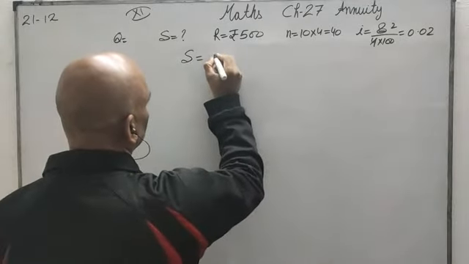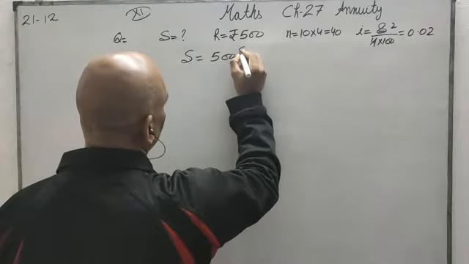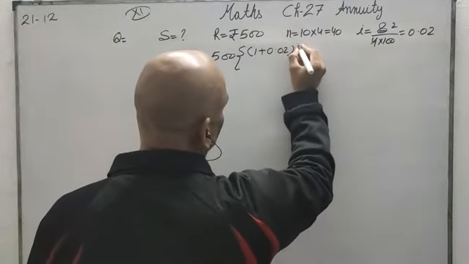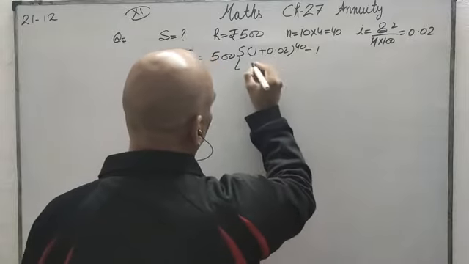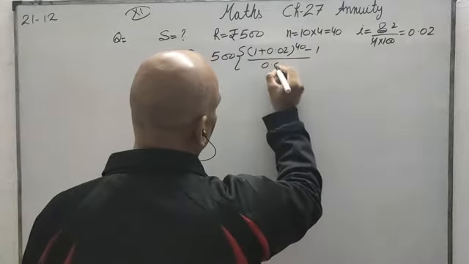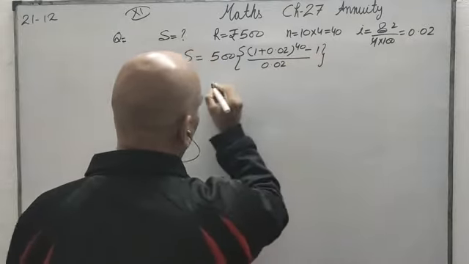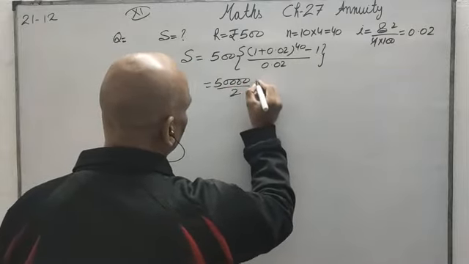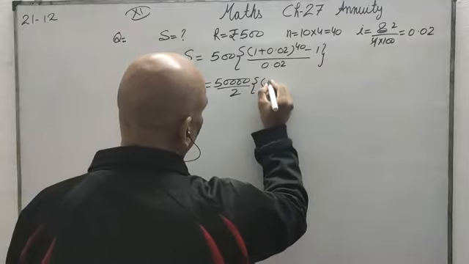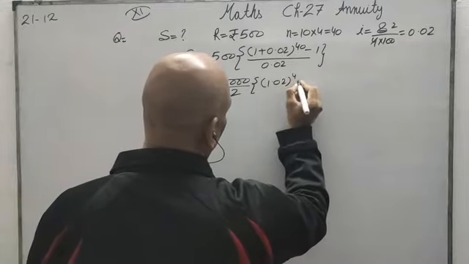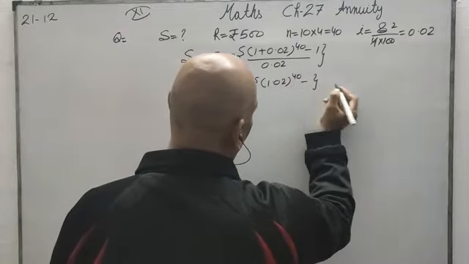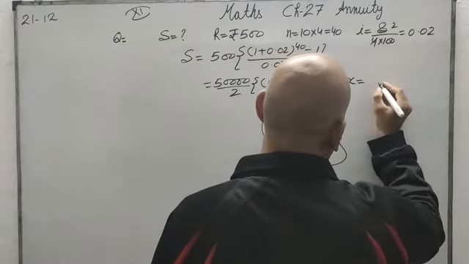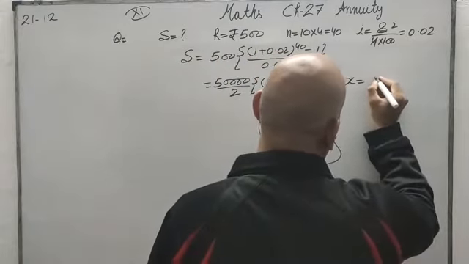S is equal to 500[(1 + 0.02)^40 - 1] upon 0.02, and then 50,000 upon 2, [1.02 to the power 40 minus 1]. Once again, to find the value of 1.02 to the power 40, we will have to use log.